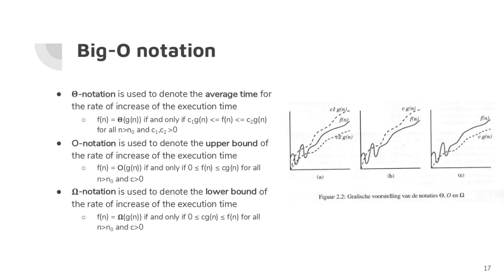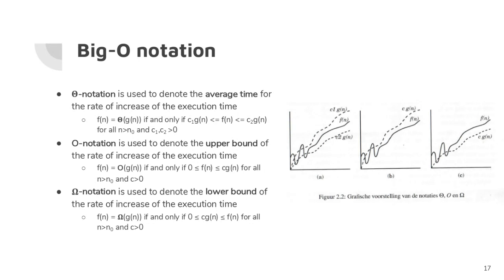For small lists, the runtime can vary a little bit more. But starting from a big enough input, theta, the average time complexity is both an upper and a lower bound for the actual time function.